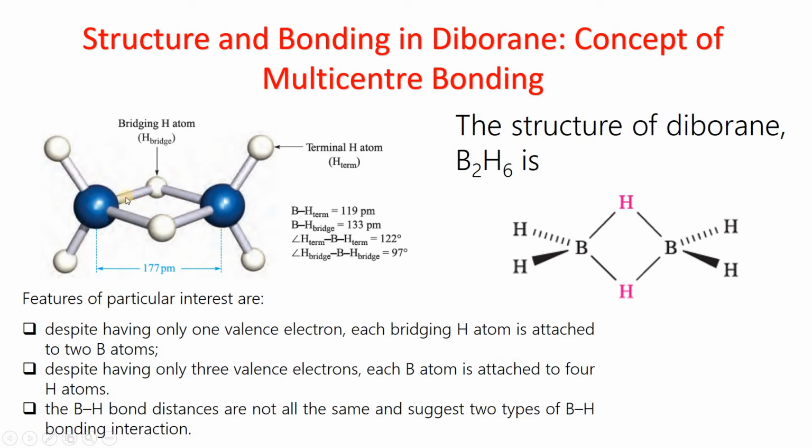The bridging bonds are a little bit longer than the terminal, which indicates the lack of electrons in the bridging bonds. And this is a monomeric BH3. It is of course planar, with central boron having sp2 hybridization.